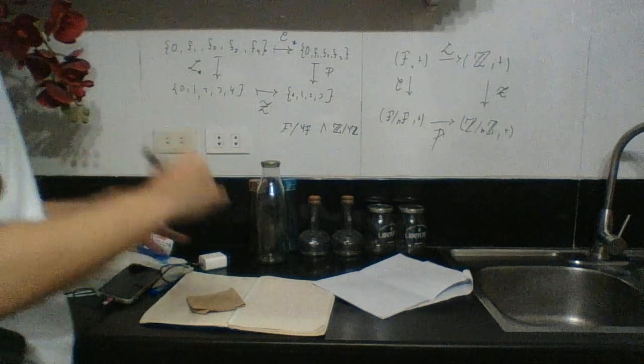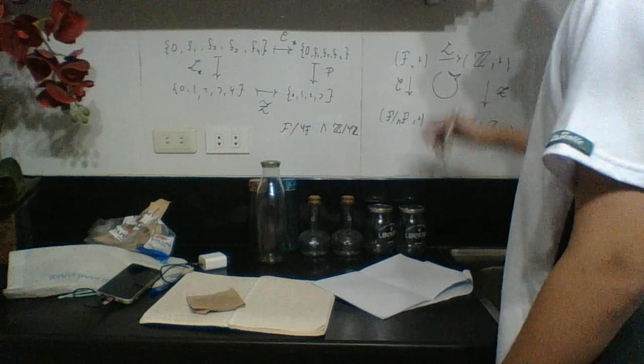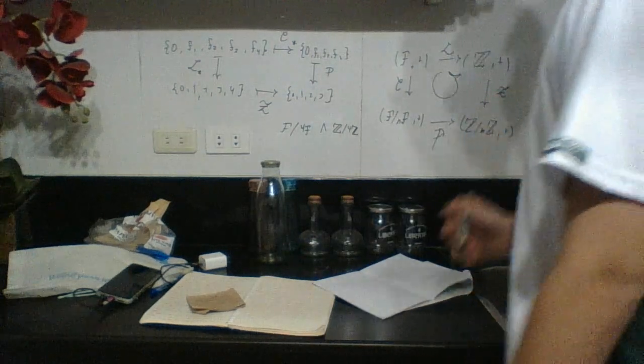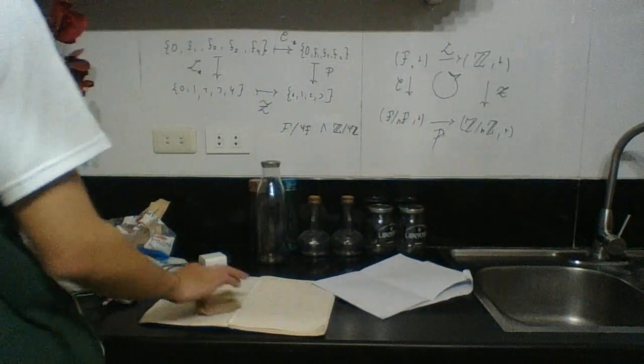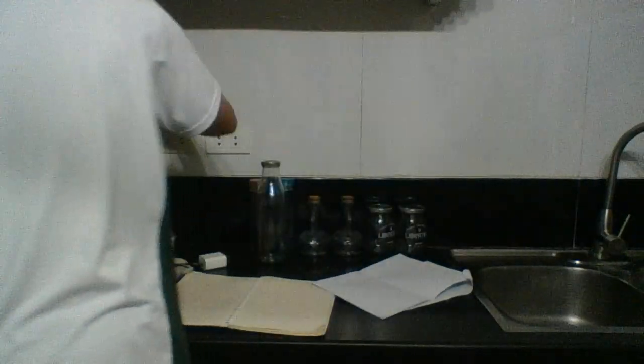Now that we've talked about this commutative diagram, again, an exercise to prove this, let's talk about cyclic groups. So what precisely are cyclic groups? We've discussed certain groups here. We've discussed the multiplicative group.